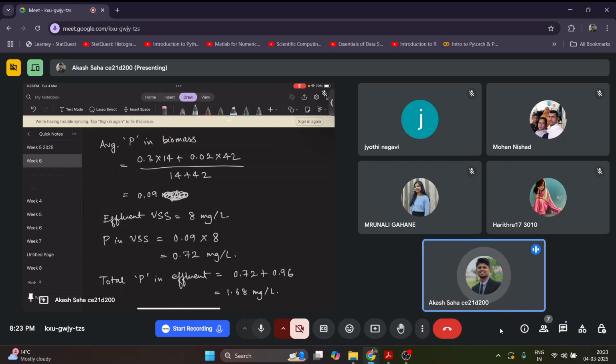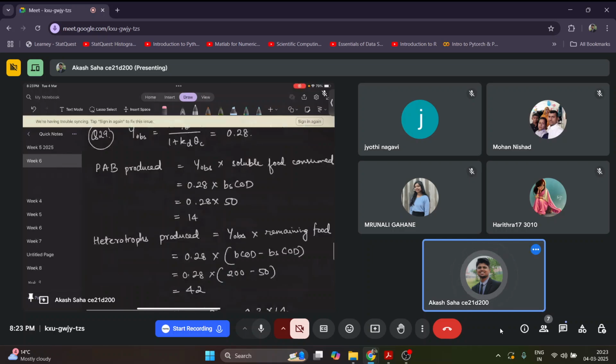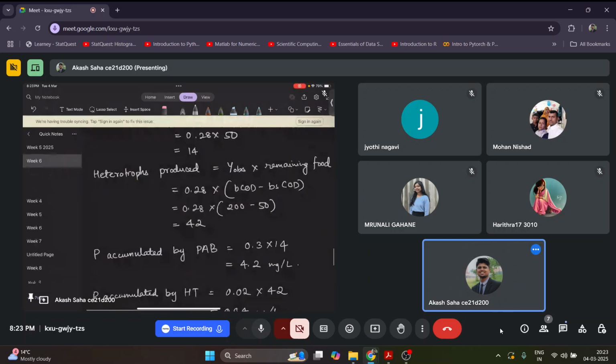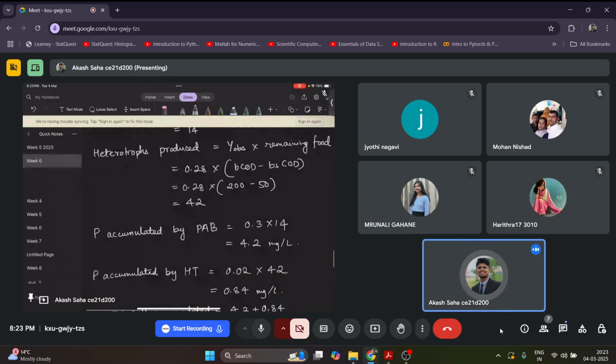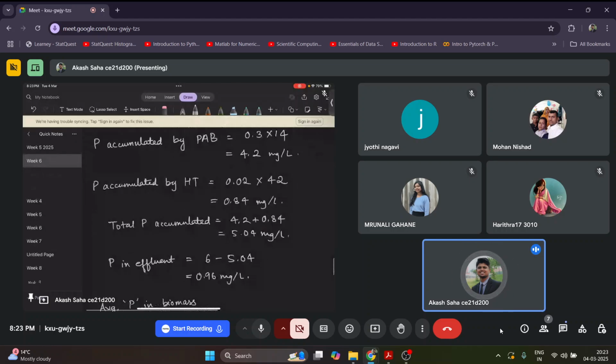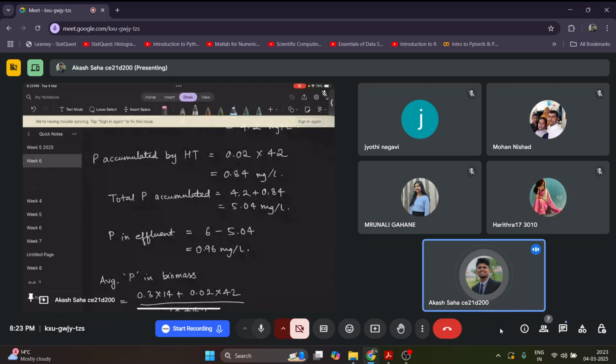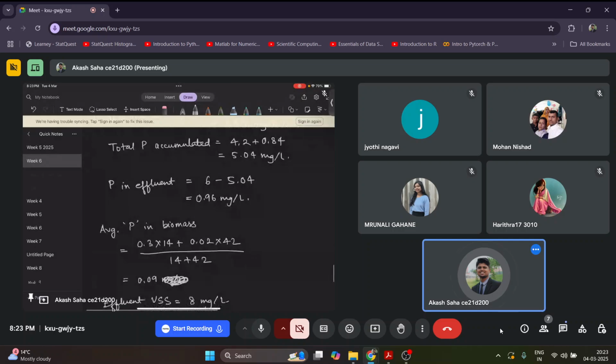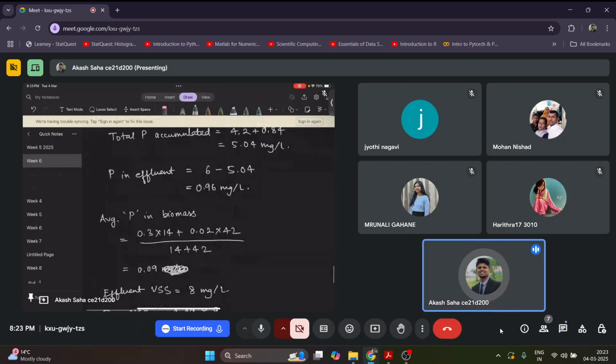This looks a bit lengthy, but step by step, if you see, it is just a very simple calculation. First, how much PAO is produced, then how much heterotrophs are produced, then what is the phosphorus accumulated in the PAO, then what is the phosphorus accumulated in the heterotrophs, then total phosphorus accumulated, then what will be in my effluent.